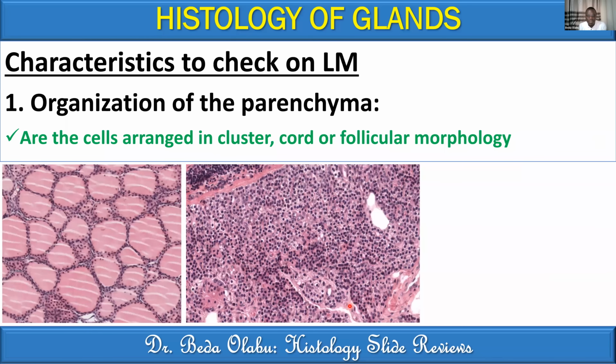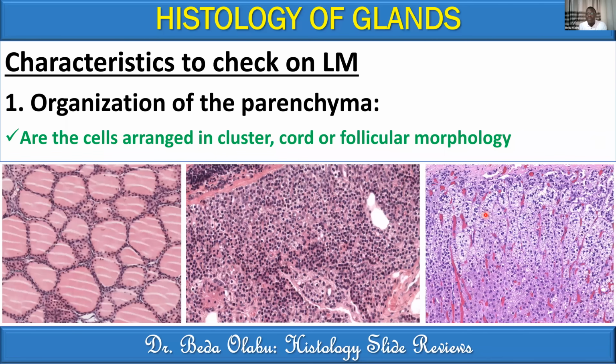That one is a cluster morphology, and you can see that the cells are just grouped together. The last one definitely becomes the cord morphology, where we see strings of cells forming somewhat like columns in some places. Anyway, I believe you've understood what cord morphology looks like from that image.